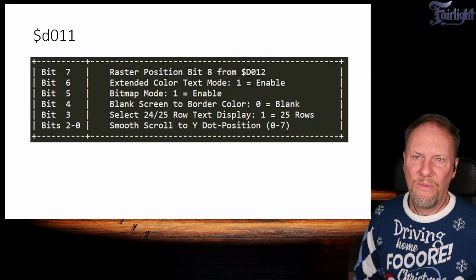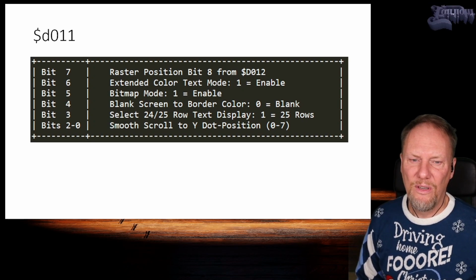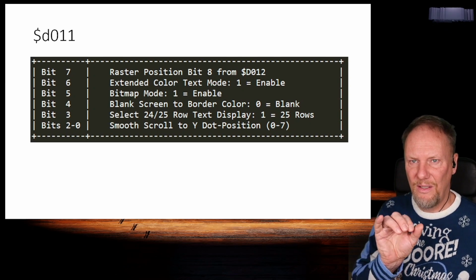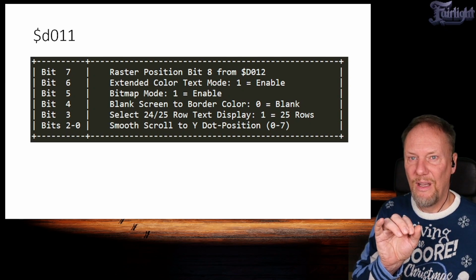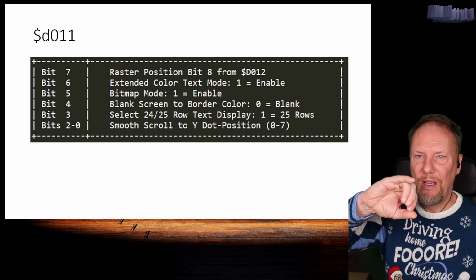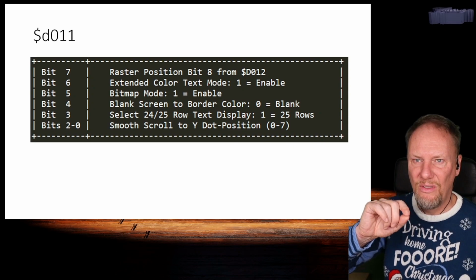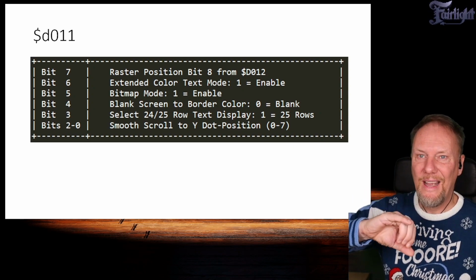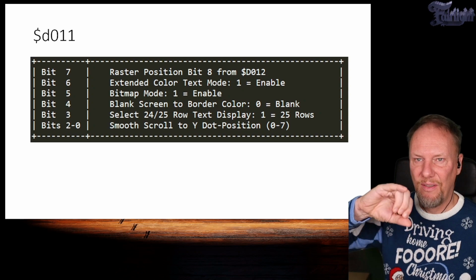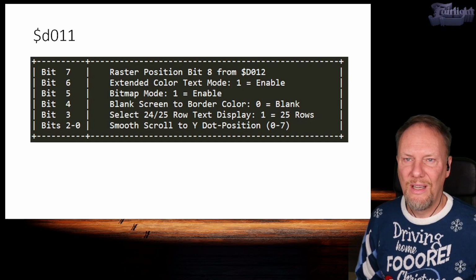D011 is one of the other really important ones, and it has multiple functions. So first of all, smooth scroll. That is sort of moving, and I should do it like this now. This is moving in Y direction, and just by setting those 3 bits, you can have 8 different positions. And then you can also set 24 and 25 row text display.